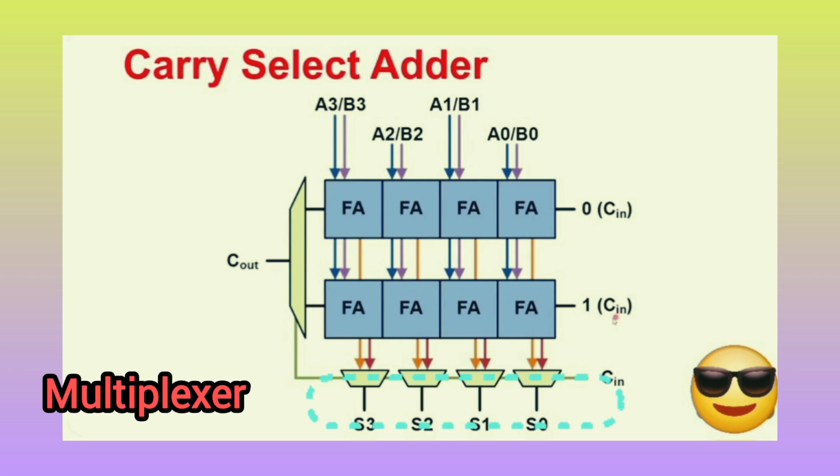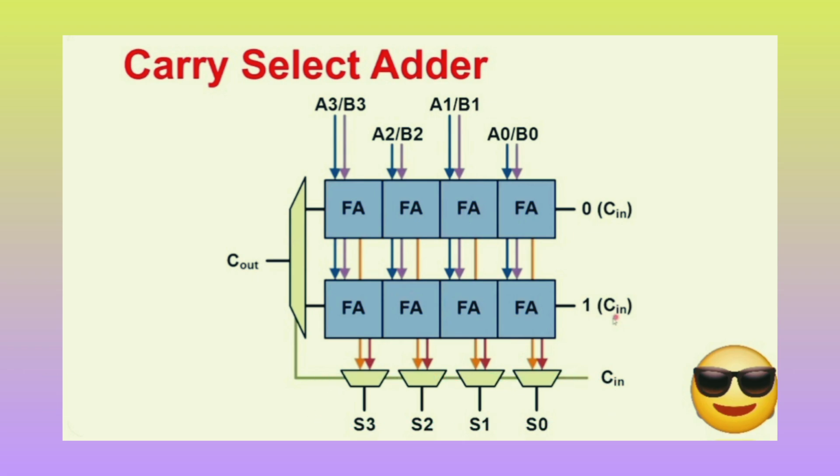At the bottom of the schematic are four multiplexers, the trapezoidal symbols, one for each sum output bit S0, S1, S2 and S3. Each multiplexer receives two candidate values, the sum bit from the top row assuming carry in 0 and the sum bit from the bottom row assuming carry in 1.